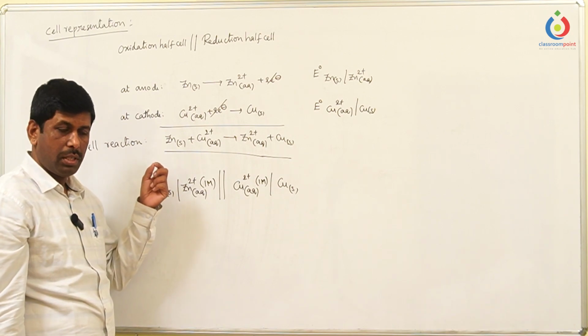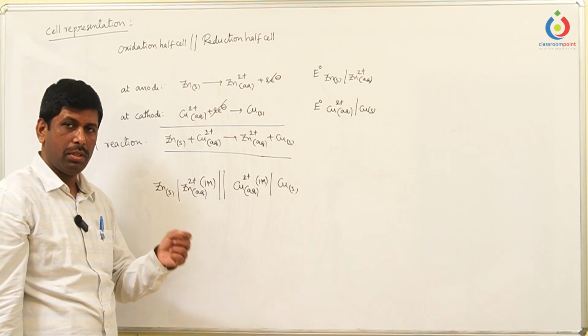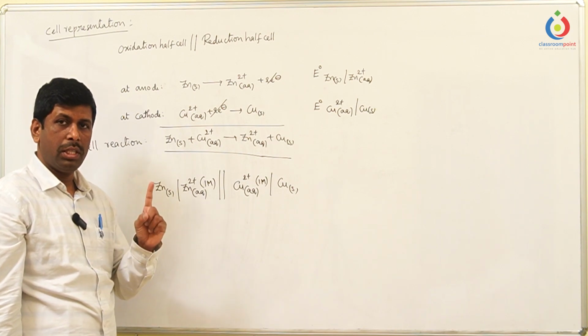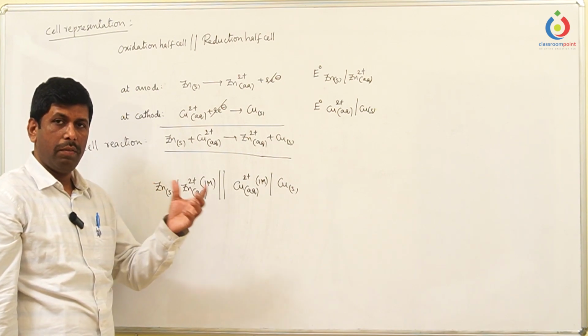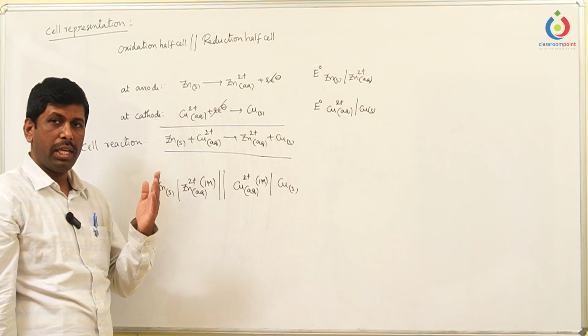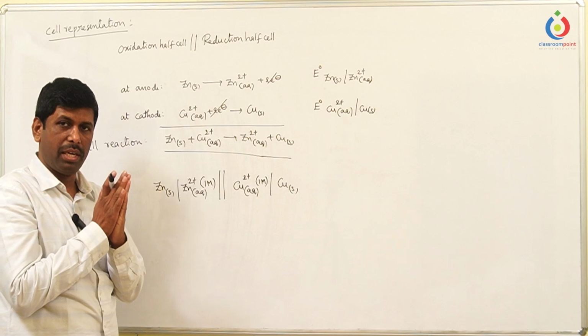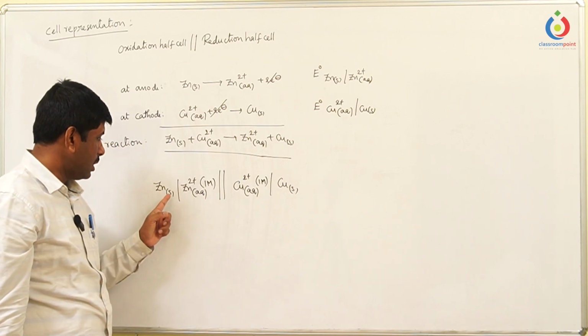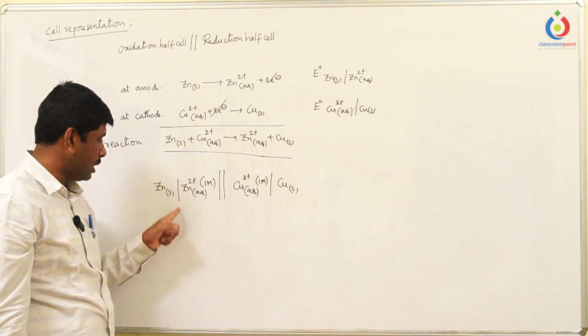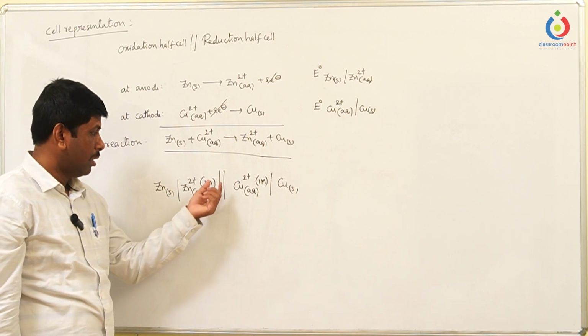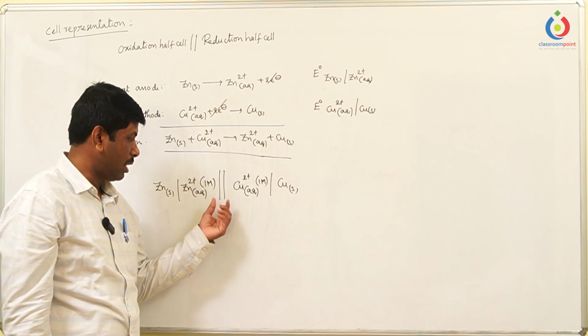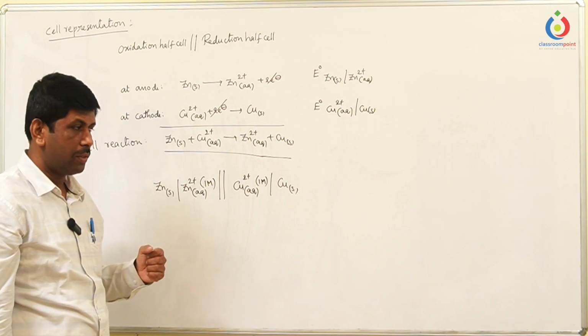Earlier we discussed that zinc metal is dissolving into the solution. The zinc rod is in the solid state, whereas the solution is in the liquid state, so the reaction happens where both of these phases meet. That is called the interface. Since the change takes place at the interface, it is represented this way. The double vertical line represents the salt bridge.